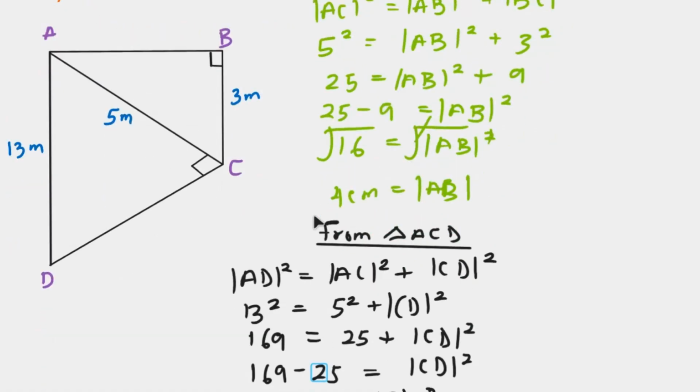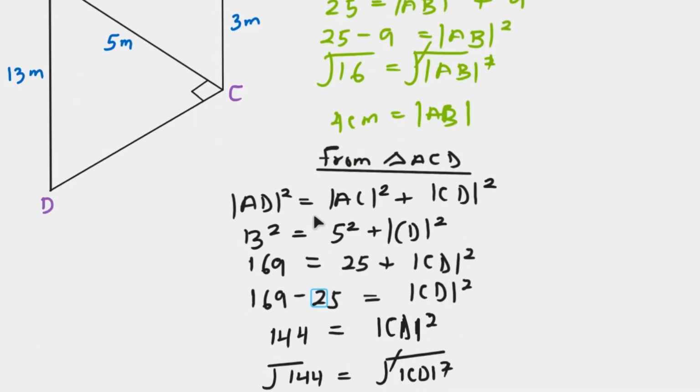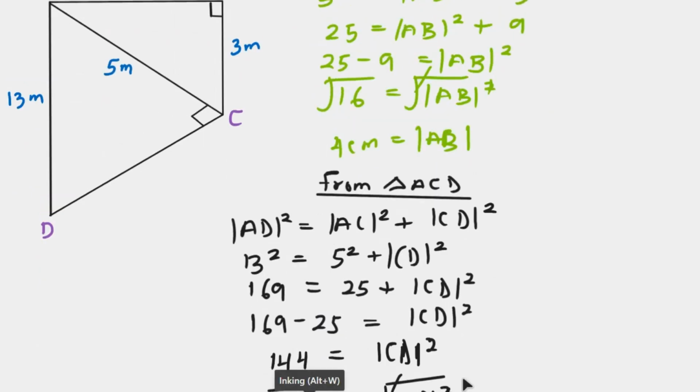Let's come to the area of ABCD. So how do we find the area? Okay, so if you want to find the area of ABCD, we have to know the areas for the two triangles.